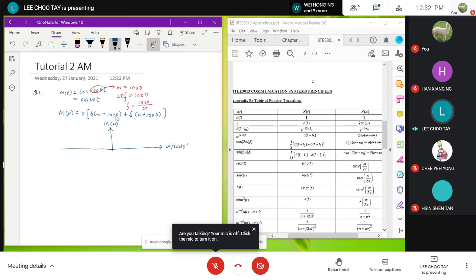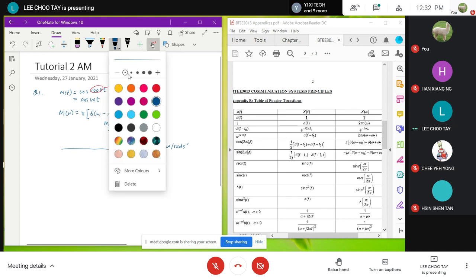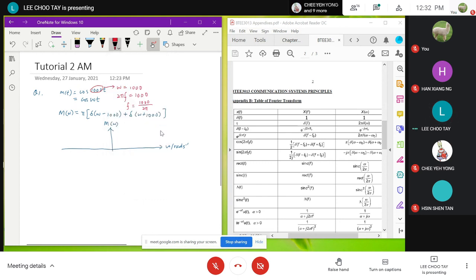The first term is 0 when omega is 1000, so you have an impulse at 1000.